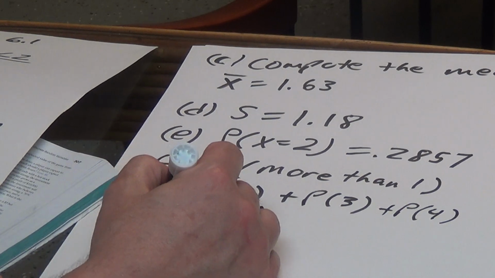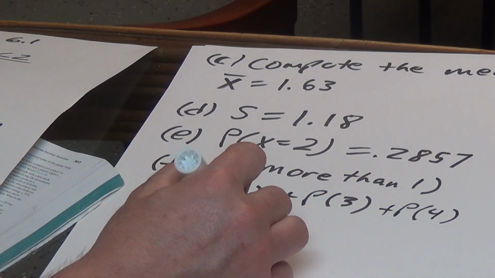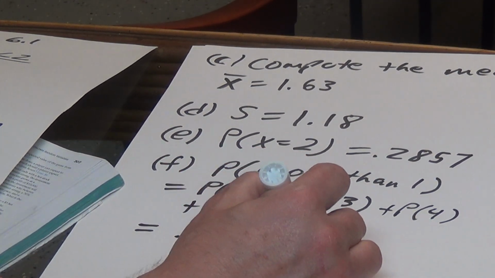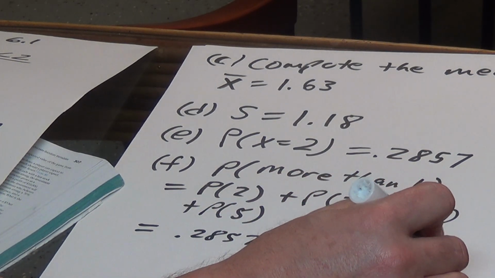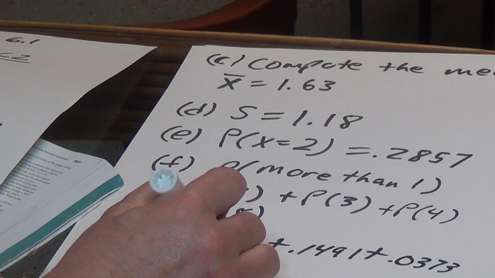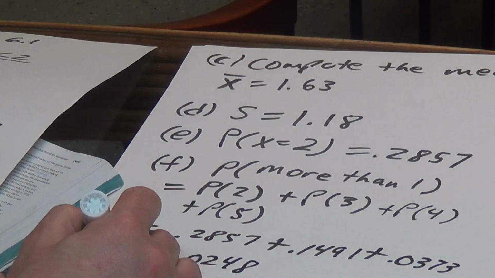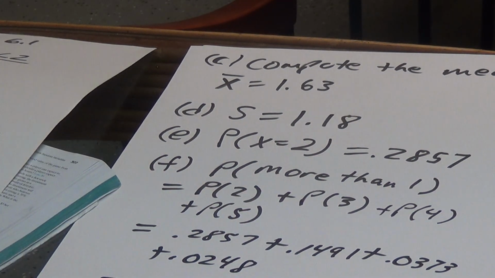Punch in the numbers, 0.2857, 0.1491, 0.0373, and 0.0248. Punching away.